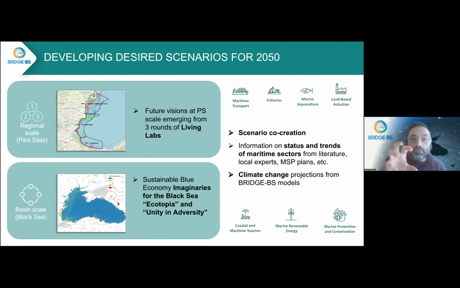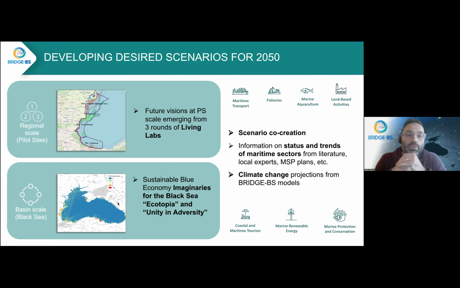These are the scenarios that were developed in BlueBridge. We have three main scenarios for the three main pilot sites: at regional scale of the Bosphorus, the Bulgarian Varna and Burgas, and the Romanian Danube Delta pilot sites, based on stakeholder interactions through the living labs.